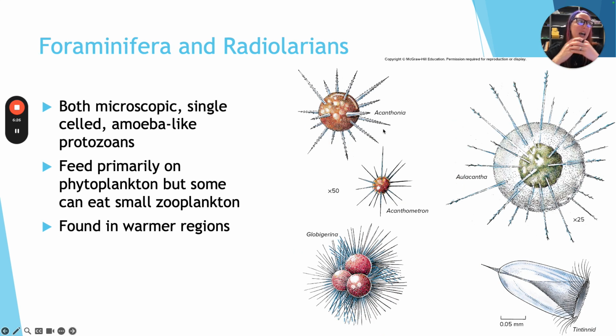Next we have foraminifera and radiolarians. Both of these types are microscopic, single-celled, amoeba-like protozoans. These feed primarily on phytoplankton, but some can also eat small zooplankton, and these tend to be found in warmer waters.